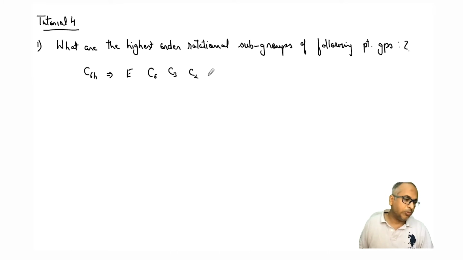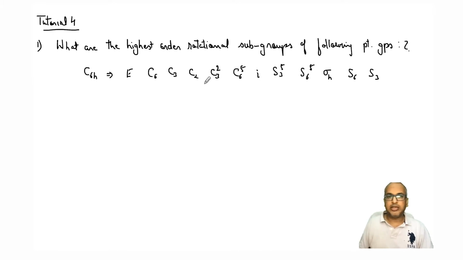These are all the group elements or symmetry operations. C3 square, C6 5. Each of these is a different class. Then we have S3 5, S6 5, sigma h, S6, S3. So these are the set of elements.